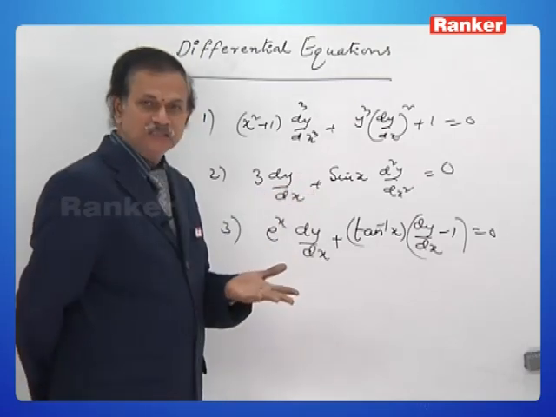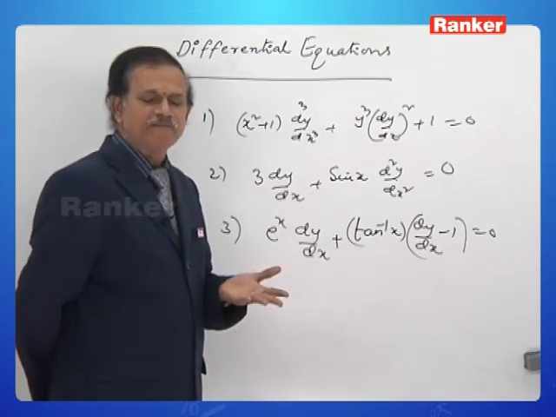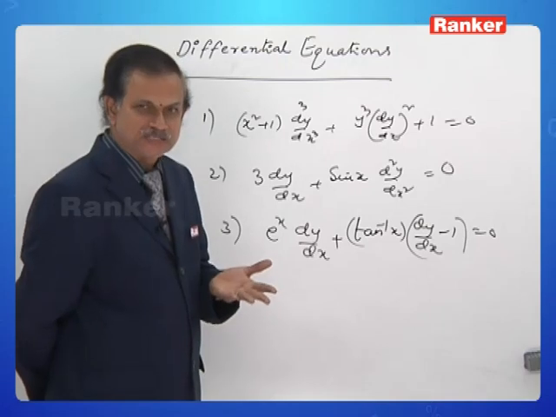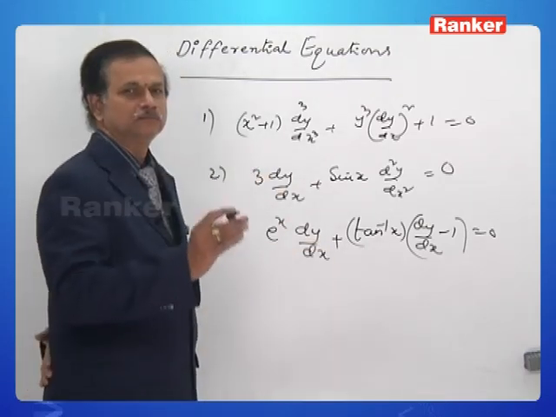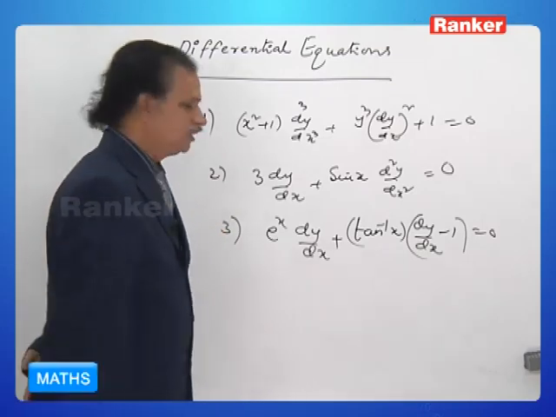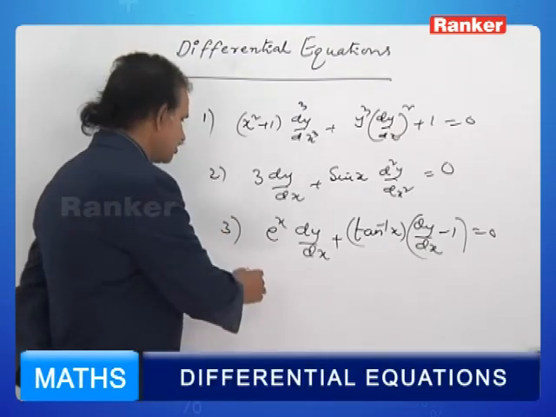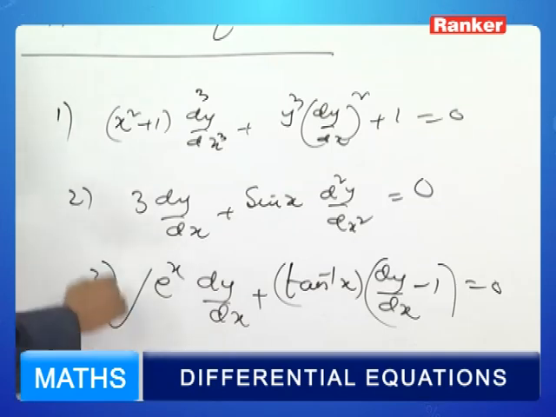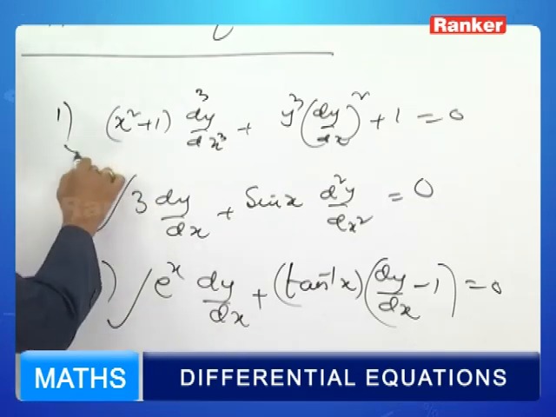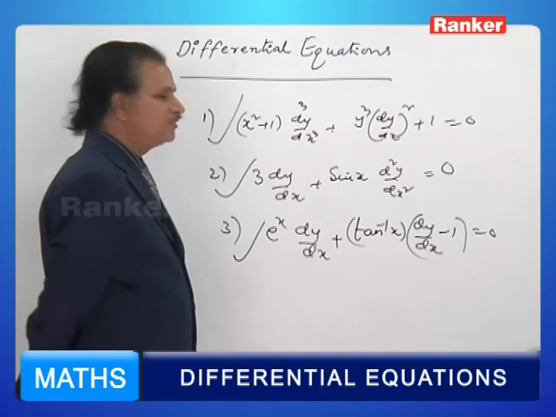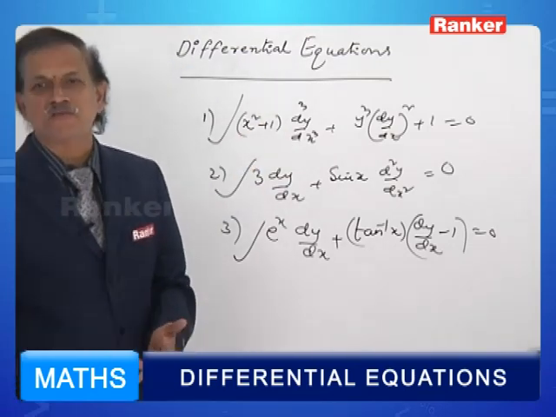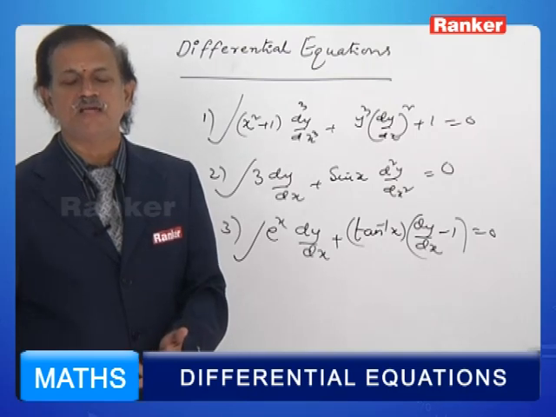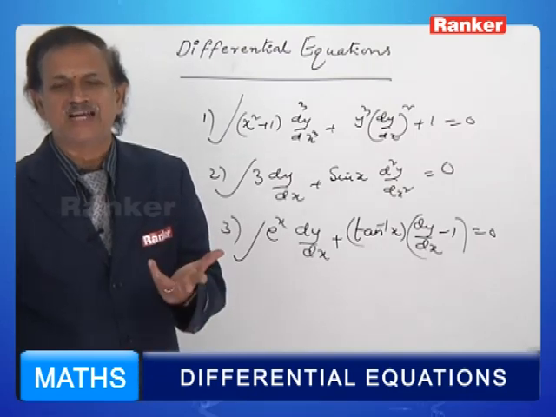Depending on the different order of the differential coefficient present in the differential equation, we define the order of the equation. This is of first order, this is of second order, this is of third order. This is of third order because the third order differential coefficient, third order derivative, that is d cube y by dx cube, is present there.